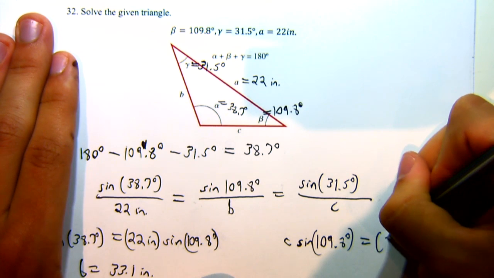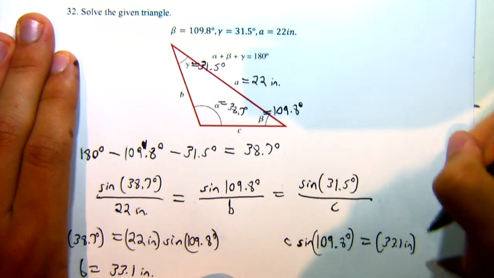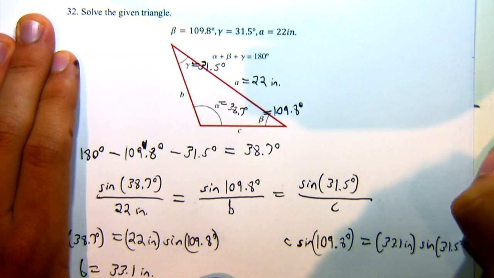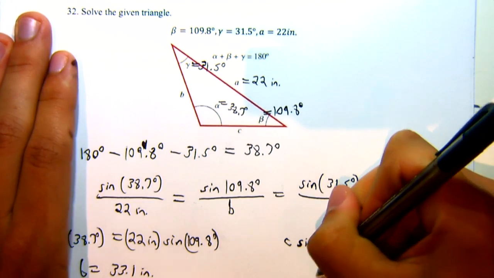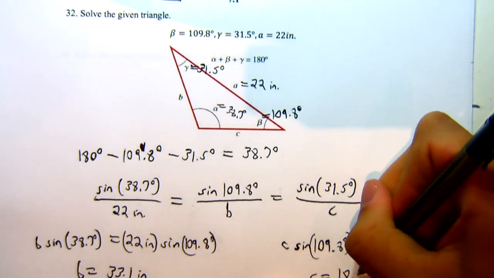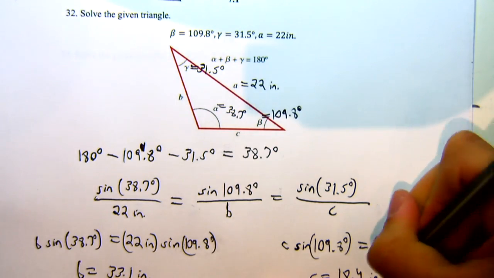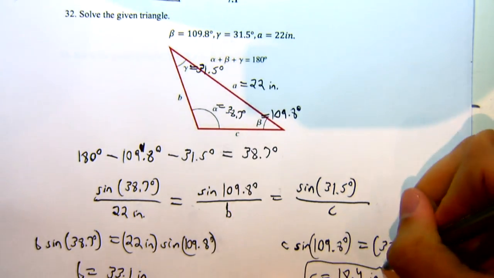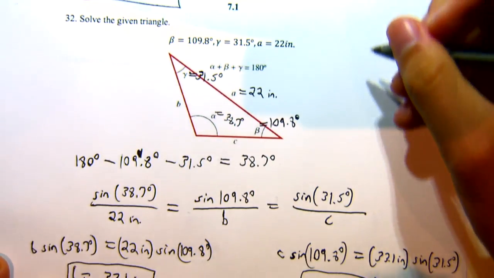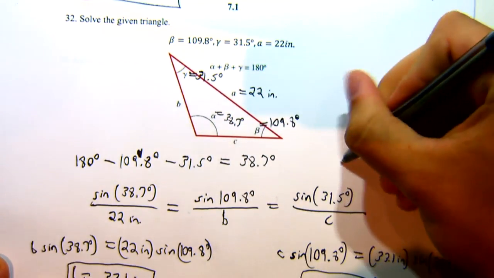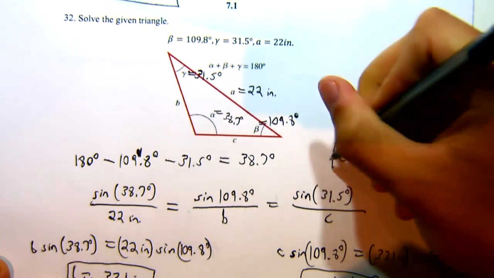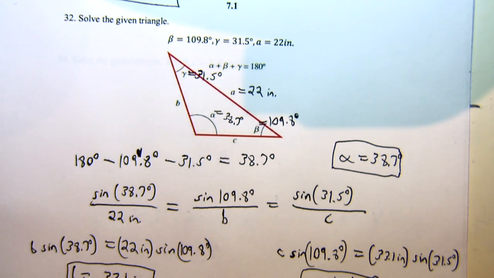So 33.1, and we end up with 18.4 inches for C. And then alpha is 38.7 degrees.